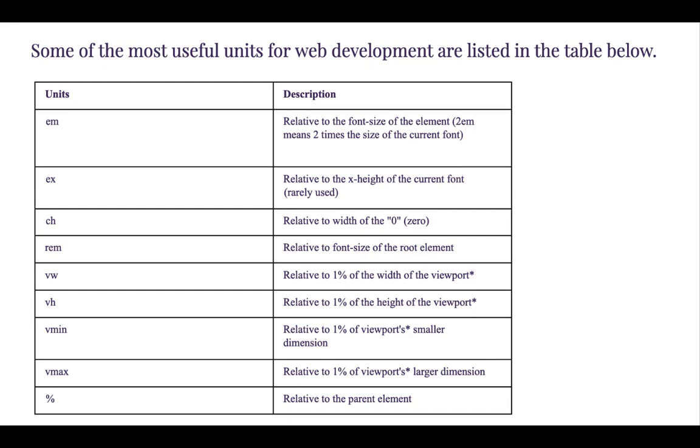The most common ones are the em units, the rem units, the viewport width units, and the viewport height units. The em unit is relative to the font size of the element. 2em means 2 times the size of the current font.